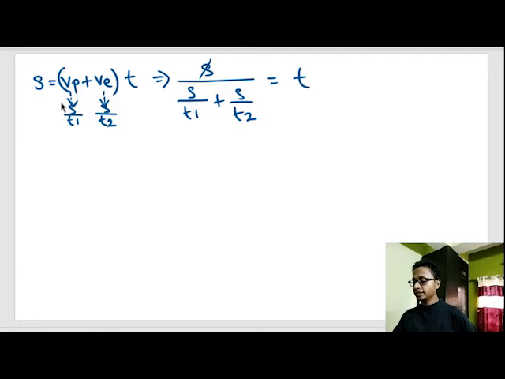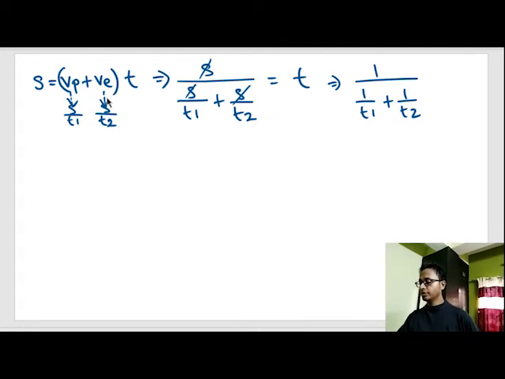So this s and this s get cancelled. You can take s common from the denominator. So time taken is 1 by t1 plus 1 by t2 is equal to t.